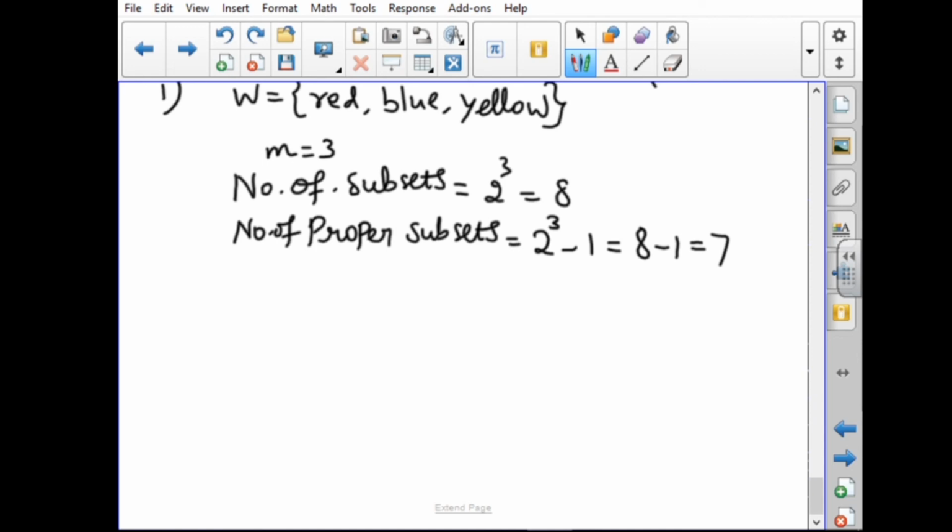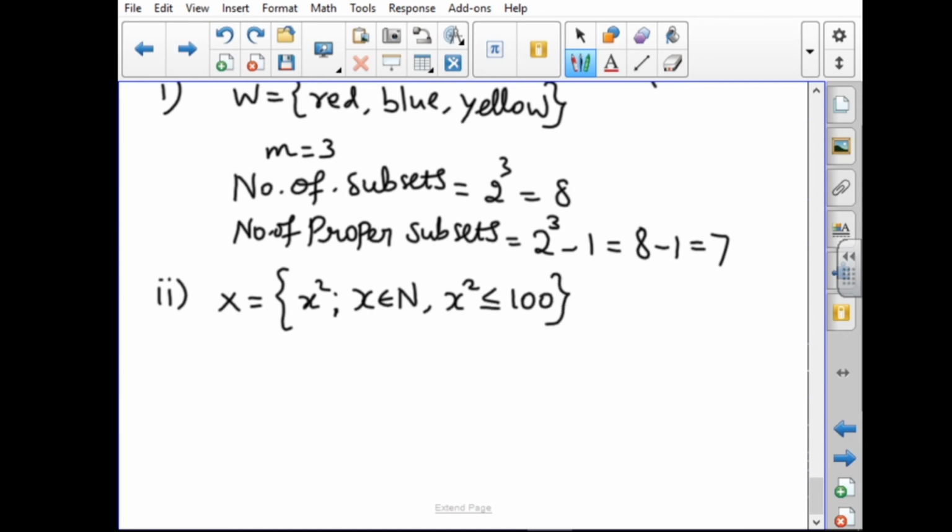Then question number 2. Capital X is equal to x square such that x belongs to N and x square less than or equal to 100.